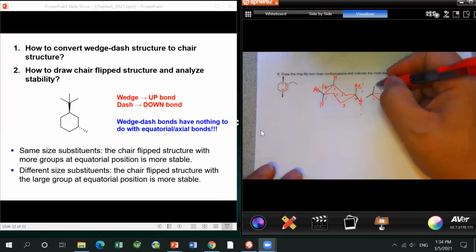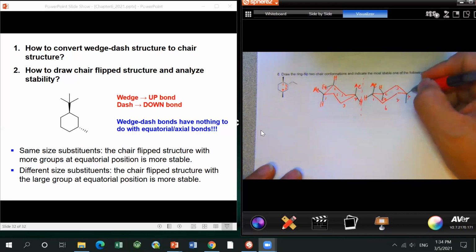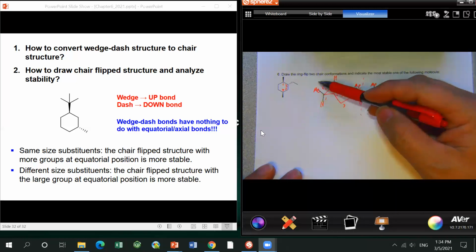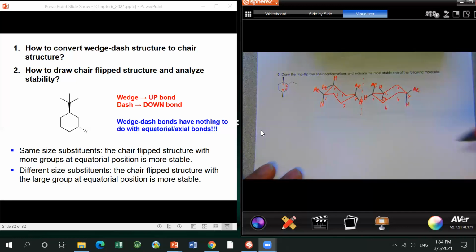For carbon 1, the pointing won't change, still going up, and just change equatorial to axial. Same thing here: ethyl here and hydrogen here, and this one methyl here and hydrogen here. Pointing won't change: going up, going down, going up. Just equatorial becomes axial, and axial becomes equatorial.